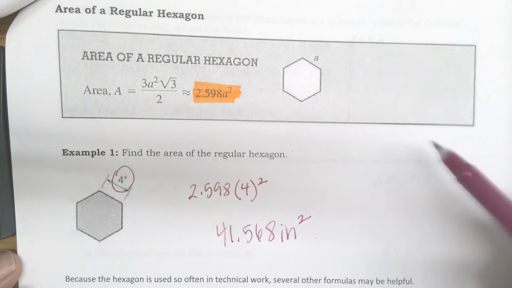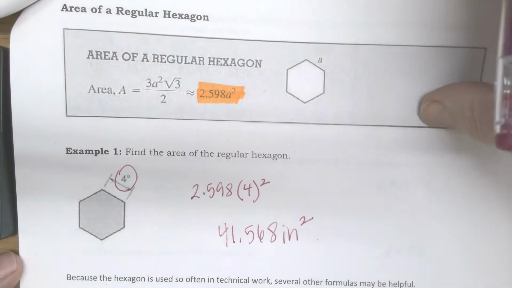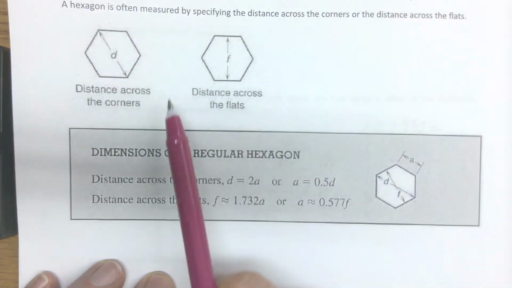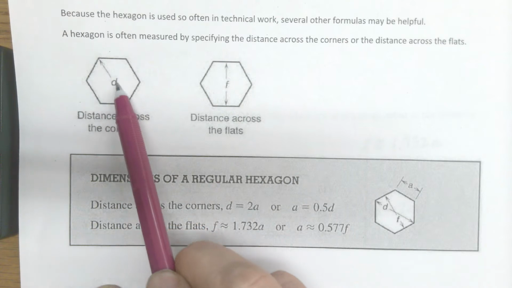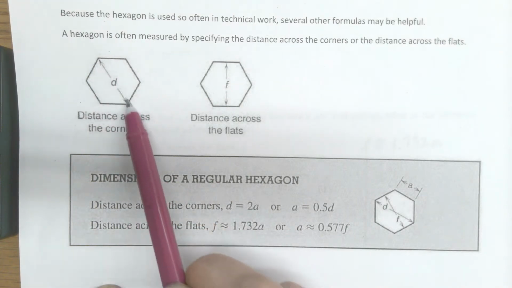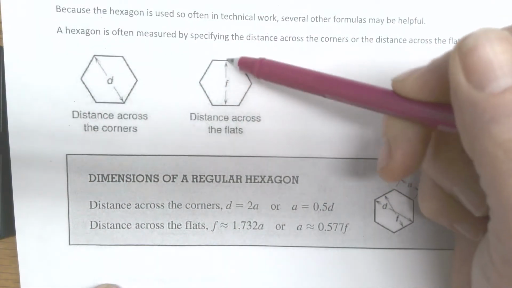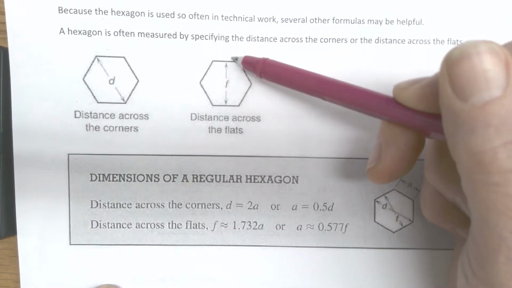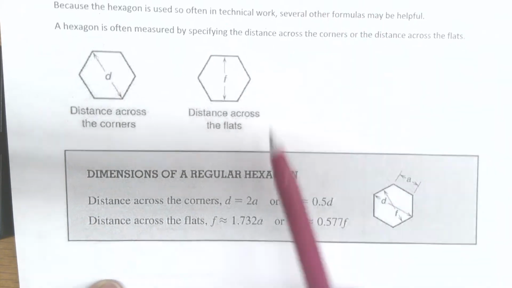You're not always going to be given the side length, and that's what the rest of this sort of talks about. Sometimes I'll be given the distance across from angle to angle, or sometimes I'll be given what they call the distance to the flats, where it's center of the flat side to center of the flat side.